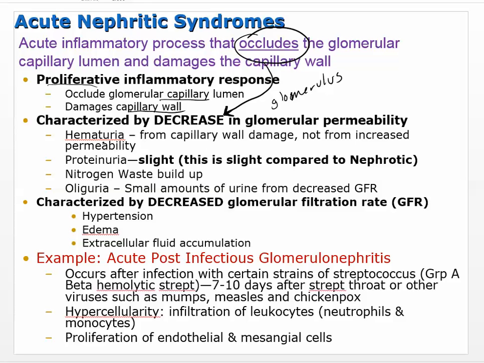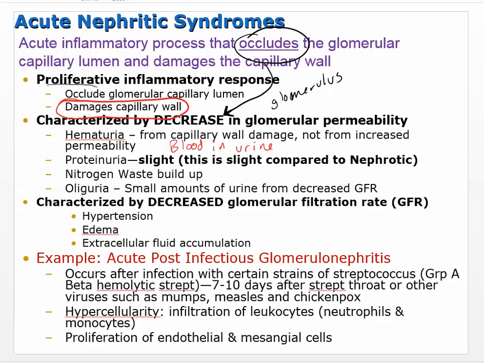So, hematuria from capillary wall damage. This means that we're seeing blood in the urine. If we see blood in the urine, it's because there is damage to the capillary wall.